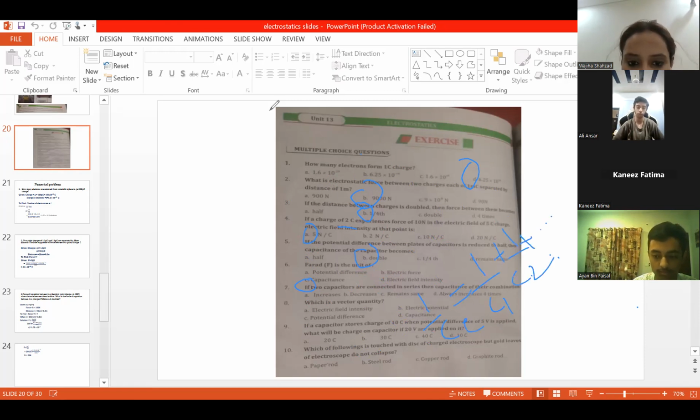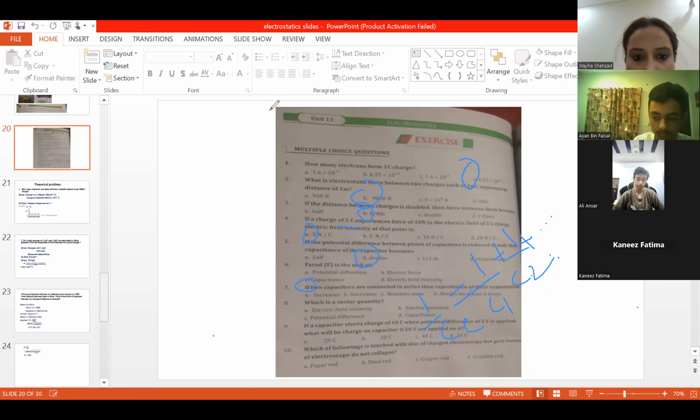So in this case, the capacitance will decrease. So the right option is option B. Mark 7B.